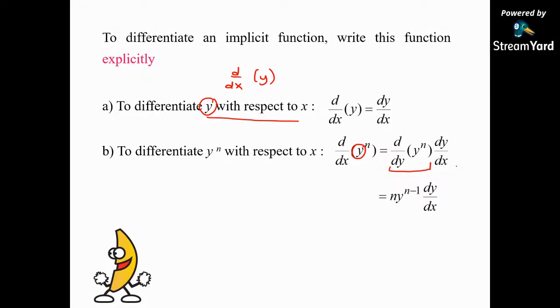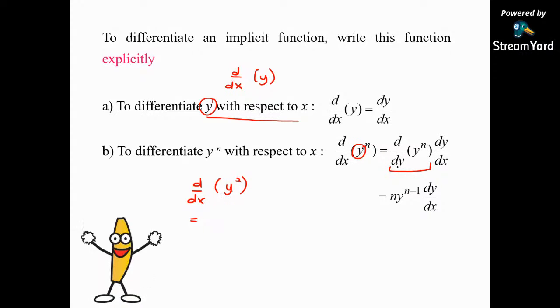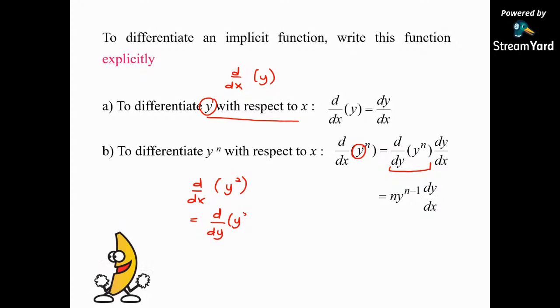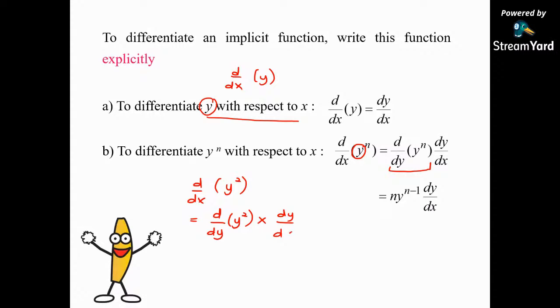So that means if let's say I give you y squared, we've got a different variable over here. If we have a different variable, do make sure to use the chain rule first, to change it into this variable. So we are going to get d over dy of y squared multiplied by dy over dx.